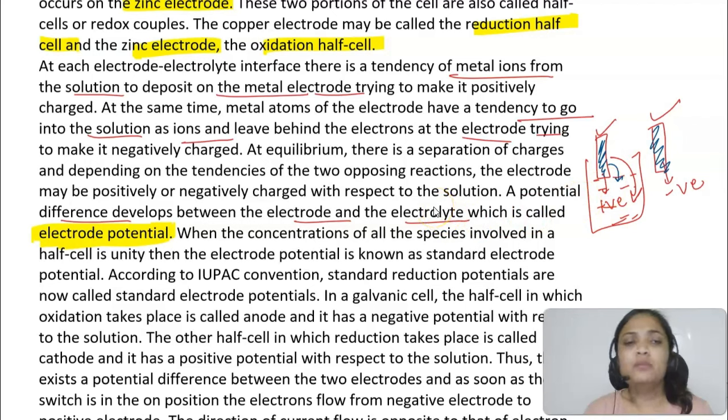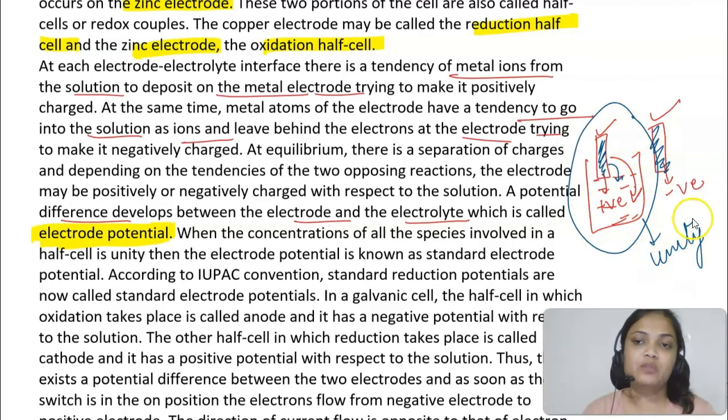But whenever the concentration of all the species in a particular half cell is unity, which means 1, the electrode potential is called standard electrode potential. Earlier we called them standard reduction potentials, now we call them standard electrode potential.